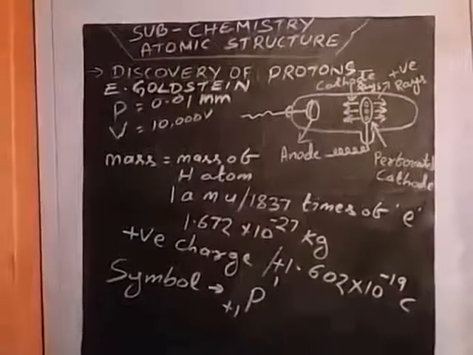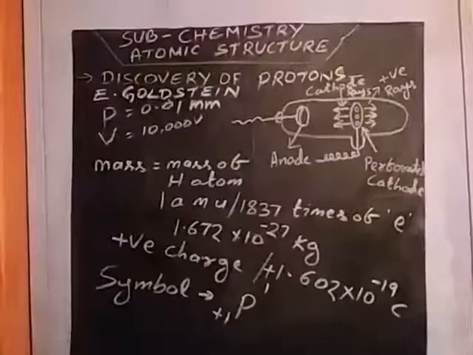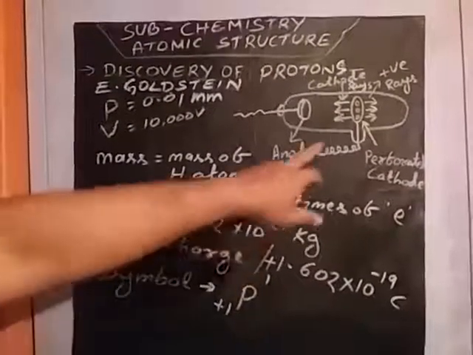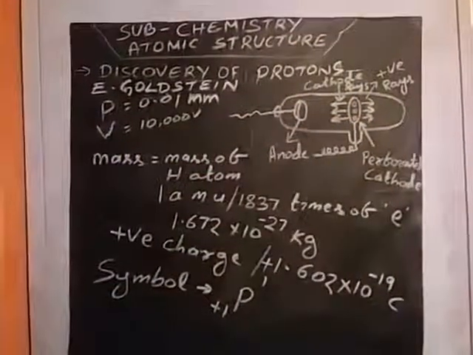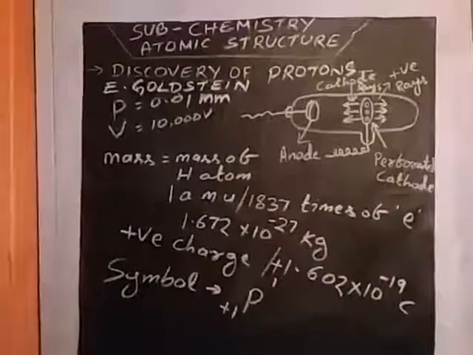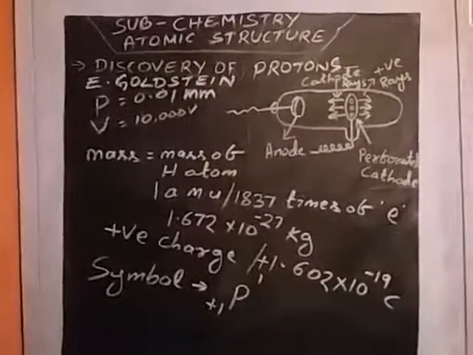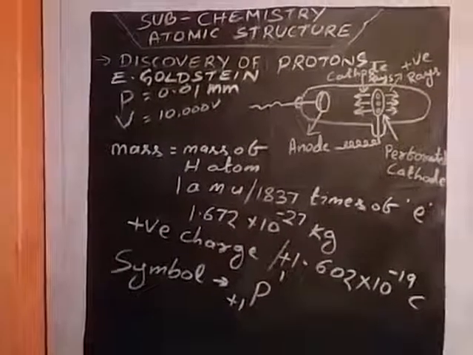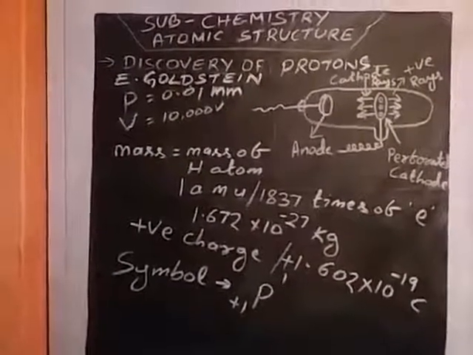When a perforated cathode was used in the above discharge tube, he observed that some rays passed through the canals. That's why they are known as canal rays, moving towards the cathode, just opposite to the electrons. These rays are also known as anode rays or positive rays.